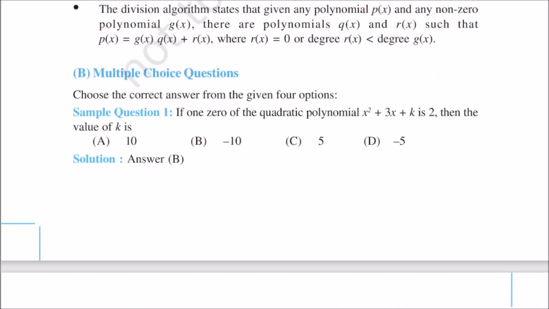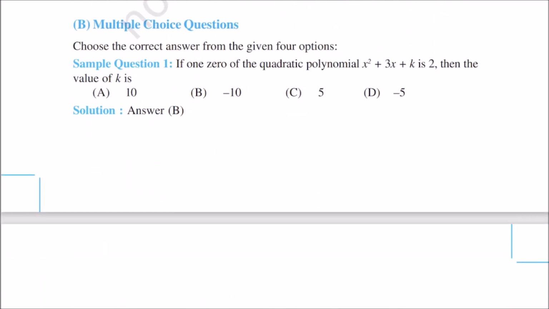Now coming to MCQ questions, you know there are four options. The example is given here. Choose the correct answer from the given four options. Simple question 1. If one zero of the quadratic polynomial x square plus 3x plus k is 2, then find the value of k. This is a very simple question. You will put x is equal to 2.